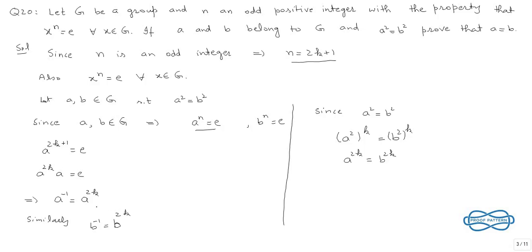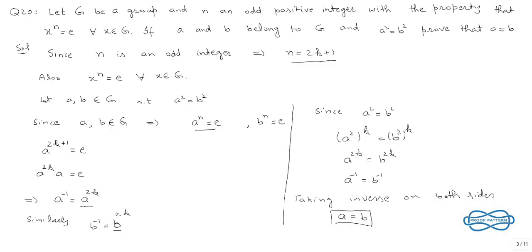But we know that a raised to the power 2k is a inverse and b raised to the power 2k is b inverse. So we can write it as a inverse is equal to b inverse. Taking inverse on both sides, we get a is equal to b, and that is what we want to prove.